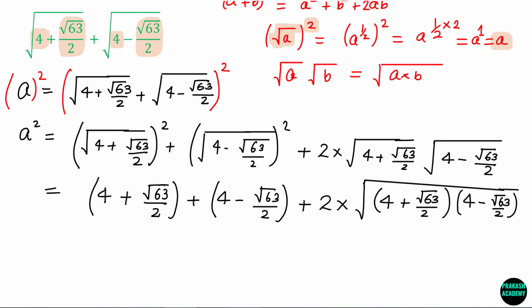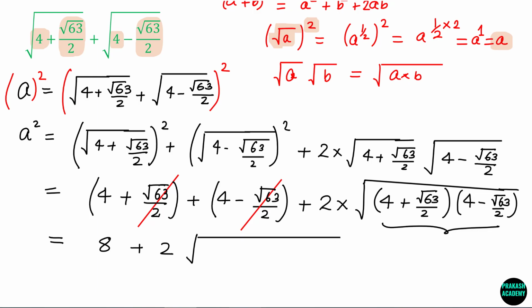Now see, this term gets cancelled, and this 4 and this 4 becomes 8. So I will have 8 plus 2 times this term, that is a square root of, and this is what?